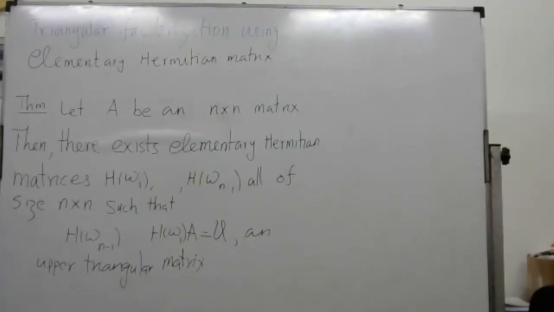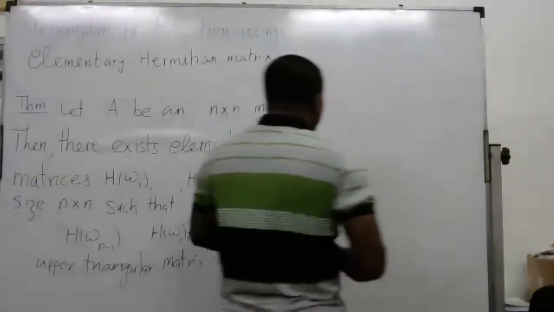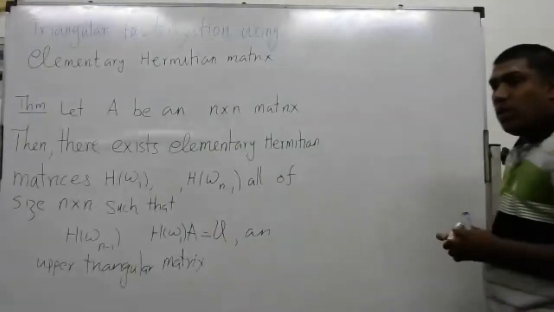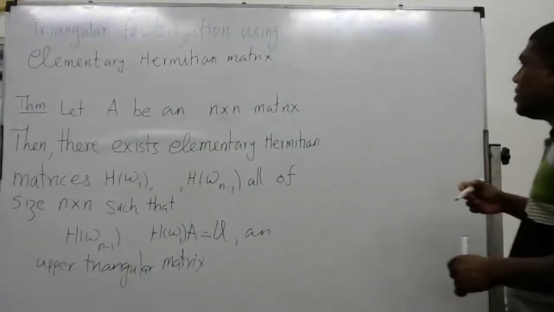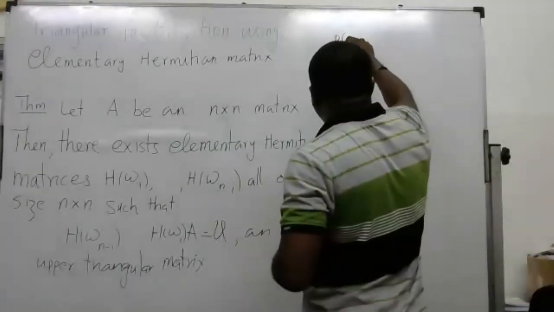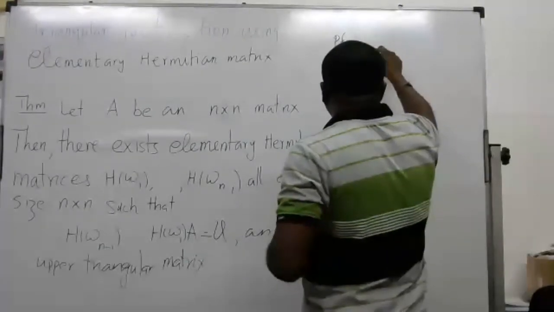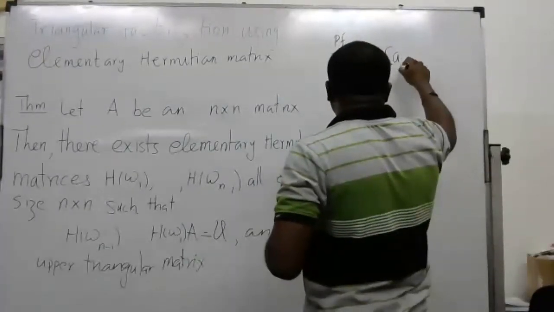Then if you can do it for the second column, fine, and the third column, we are done. So we are going to do it by mathematical induction. The previous lemma from the last class is going to help us. For the proof, we write A in column-wise matrix notation.